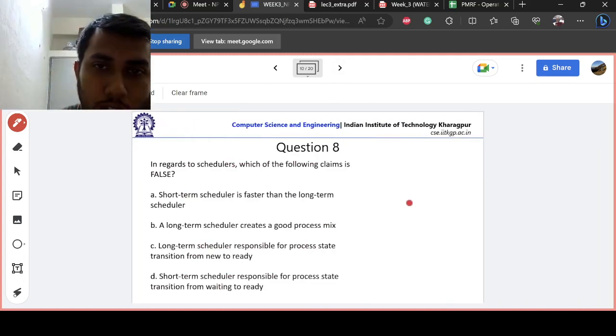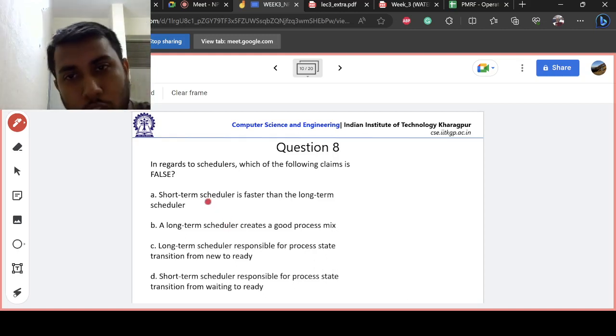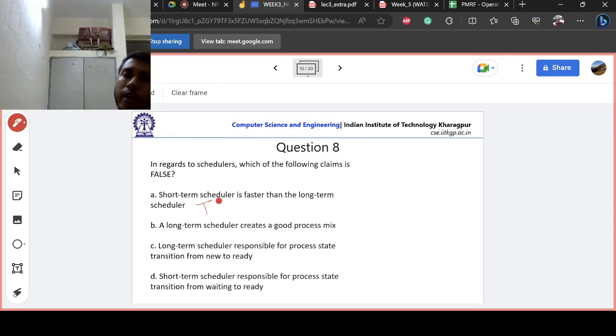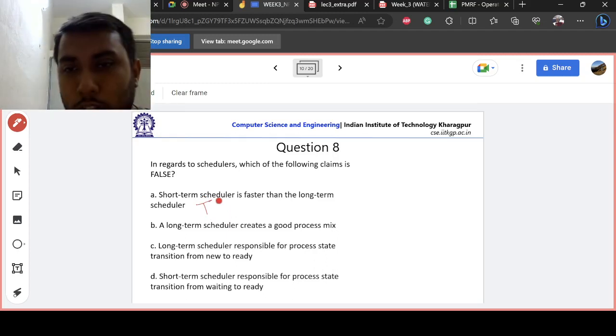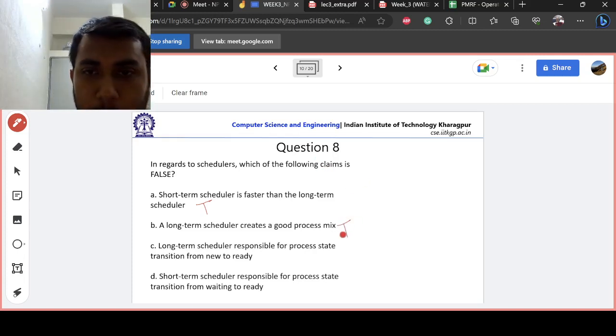Next, in regards to schedulers, which of the following claims is false? Short-term scheduler is faster than long-term scheduler. This is true. Long-term scheduler creates a good process mix. True, it creates new processes.